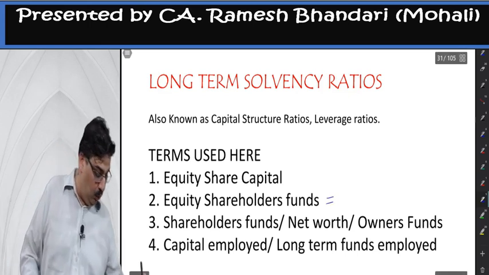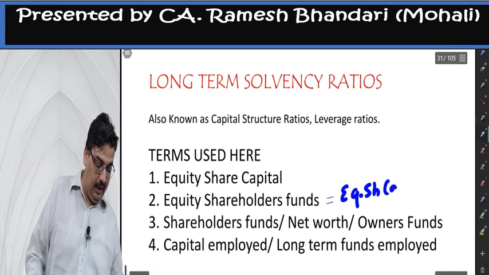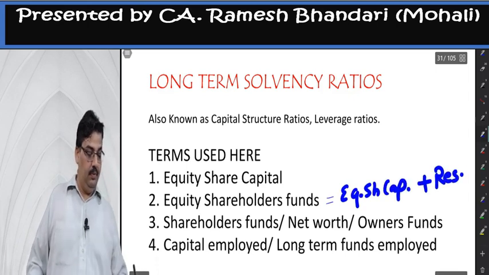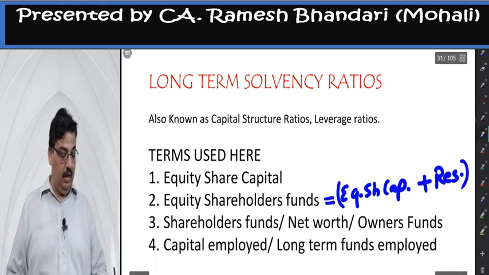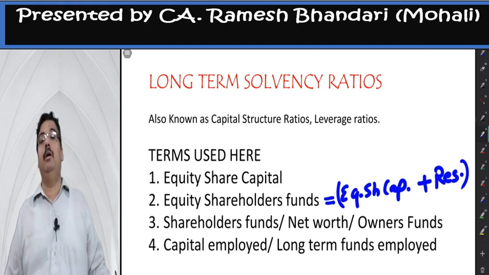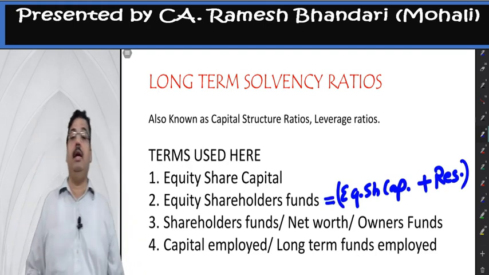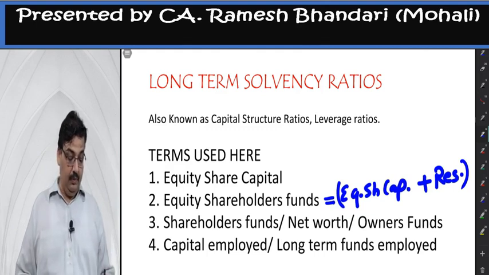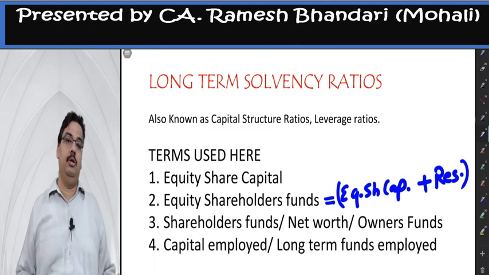When I include equity share capital plus reserves, reserves are always net of negative reserves, net of the P&L debit or any losses. Equity share capital plus reserves make equity shareholder funds.